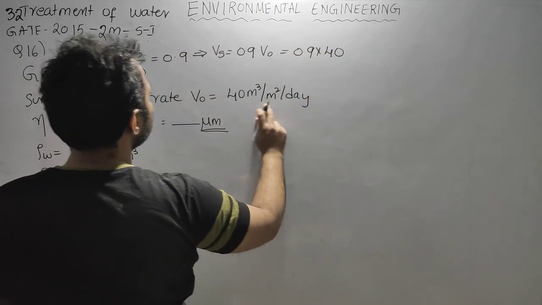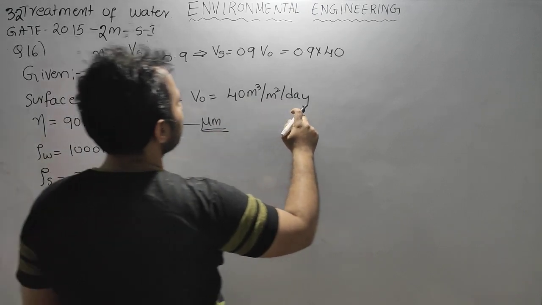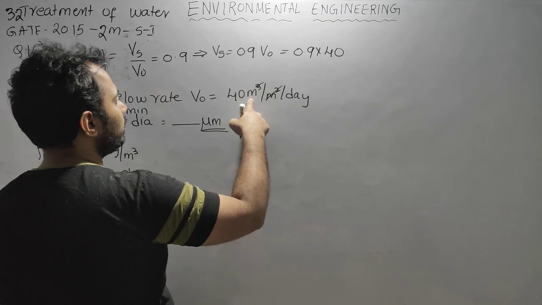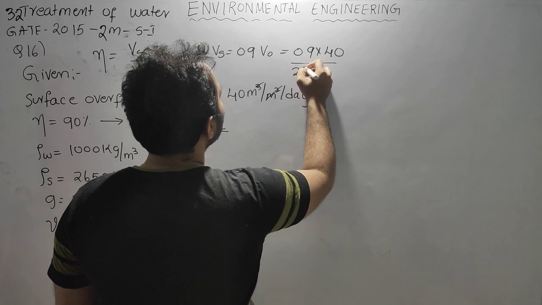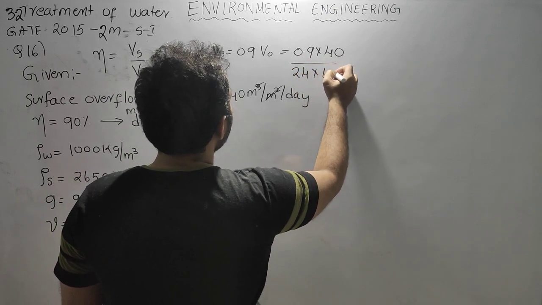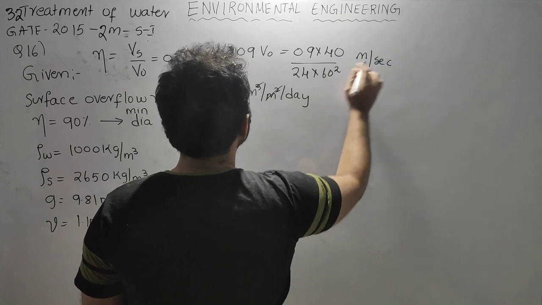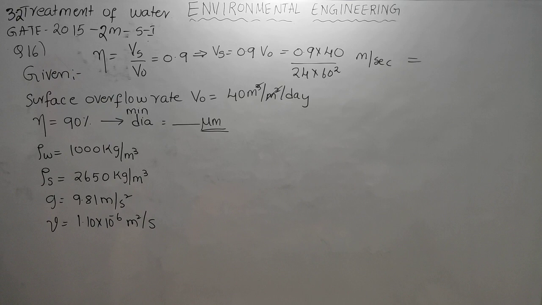Let us convert this into meter per second. So meter square, meter cube will get cancelled and meter will be present. This day I need to convert into seconds. So 24 into 60 square. If I divide this, then it will become meter per second. So this is the value of Vs in meter per second.